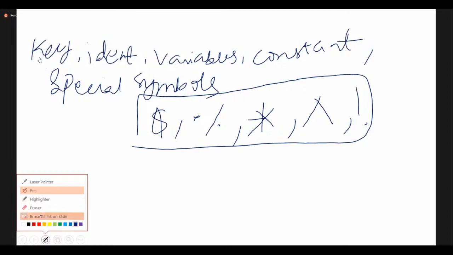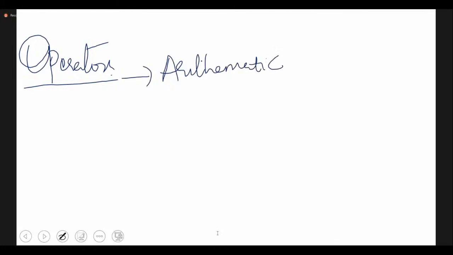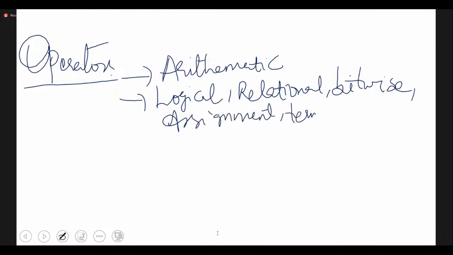Now, the next most important thing is operators of C. We have different types of operators in the C programming language. The first, basic one is arithmetic operators. Then we have logical operators, relational operators, bitwise operators, the assignment operator, and the ternary operator, which you can also call the conditional operator.